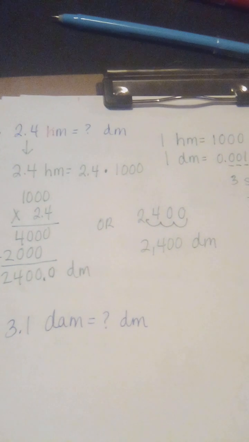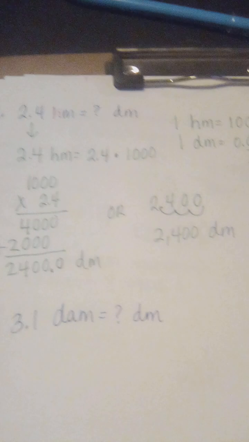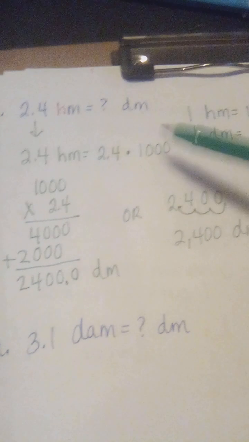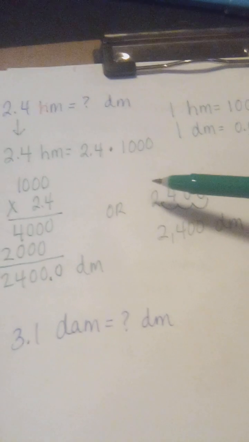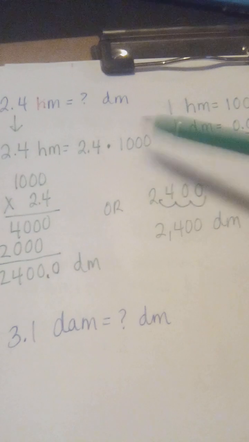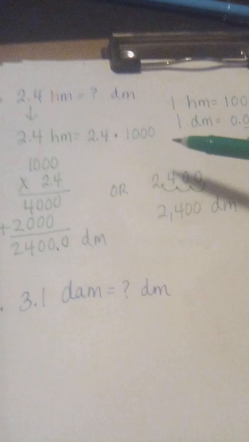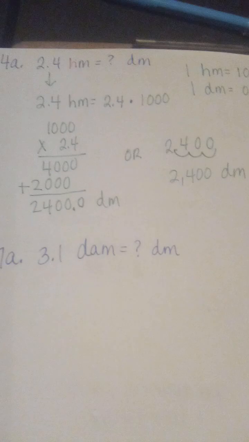Hope this will help in any way possible. Because when you're converting the customary, actually the metric, that kind of will throw everything off in some sort. So just pay close attention to this. So any questions on number 4A?